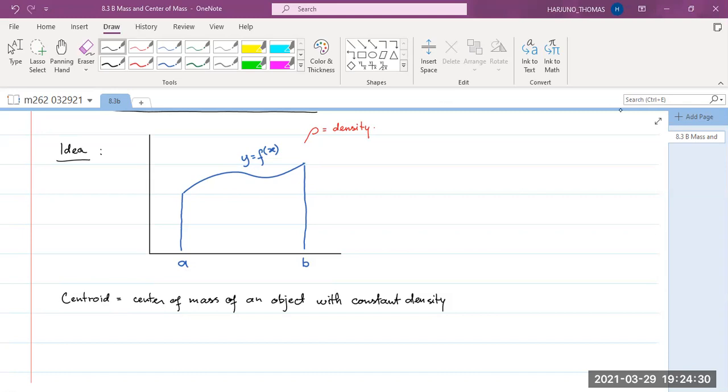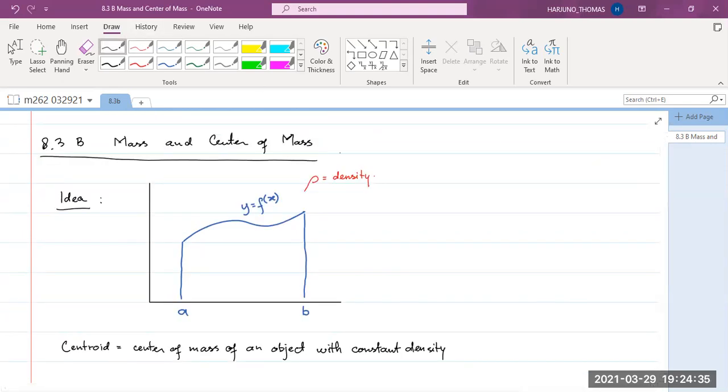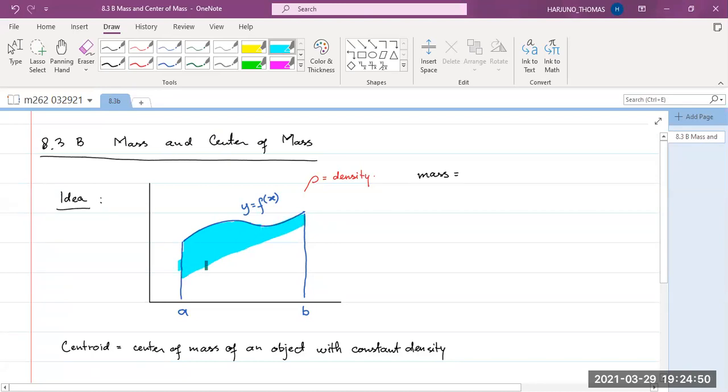Now, you will see that the mass of this lamina is basically the weight of this region here.